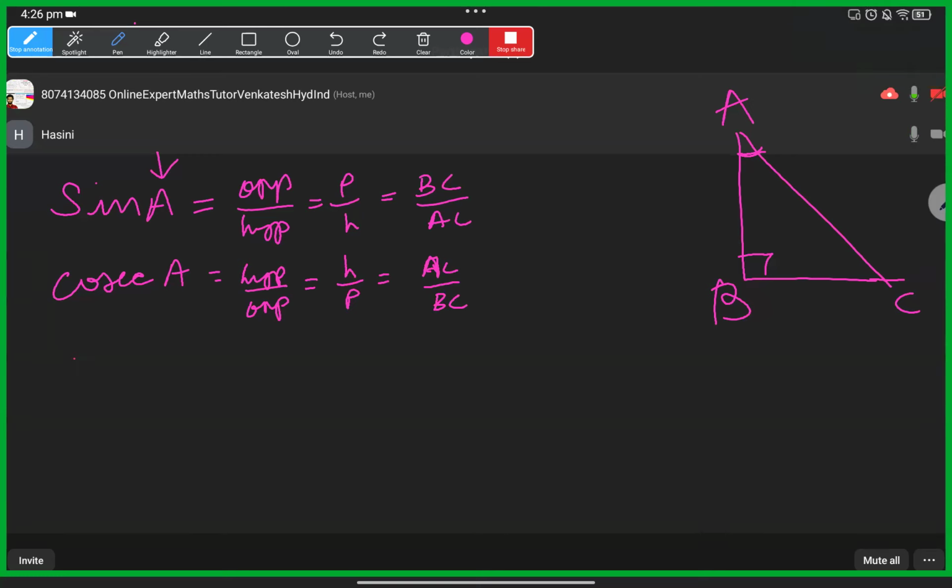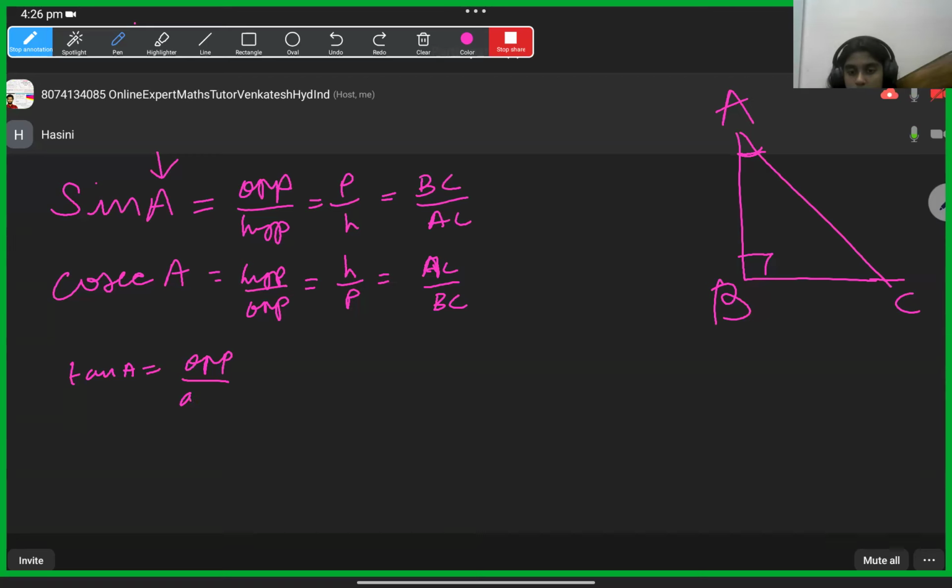Sine A, cosecant A, then tan A. Tan A is what? Tan A is perpendicular by base, or opposite by adjacent. So BC by AB.